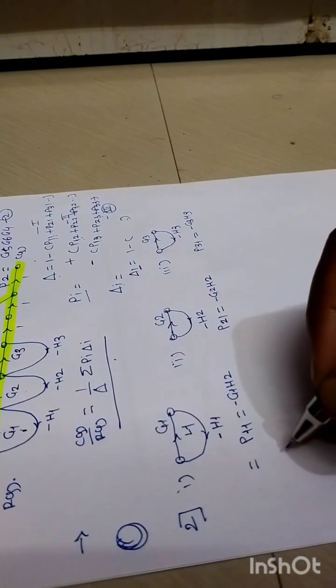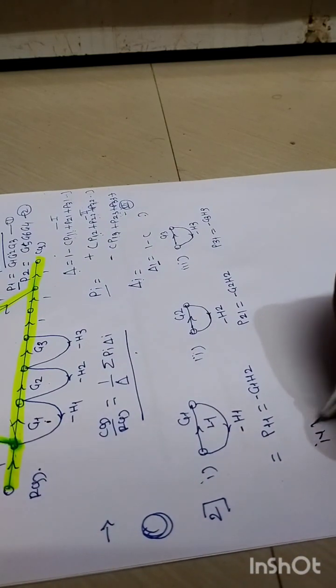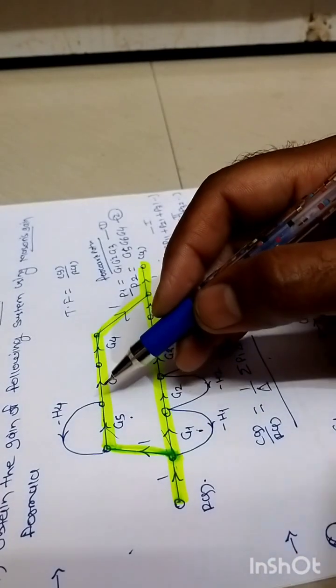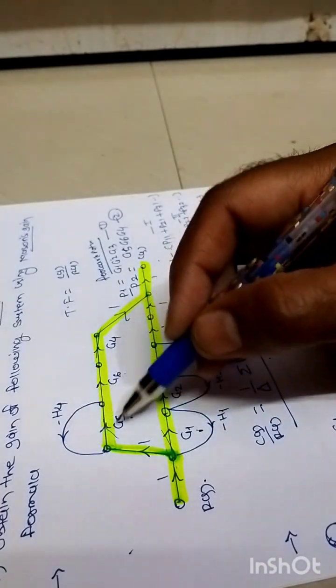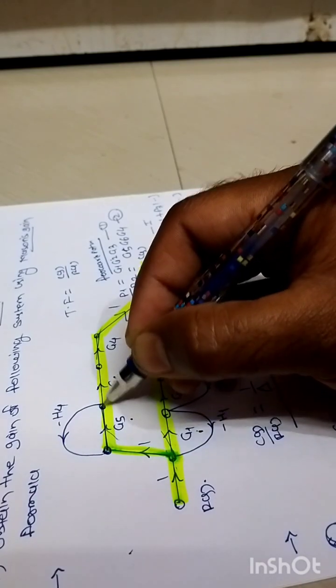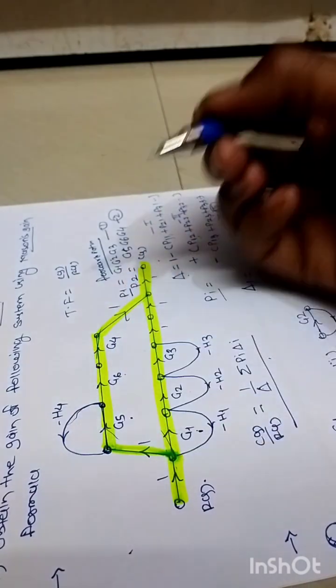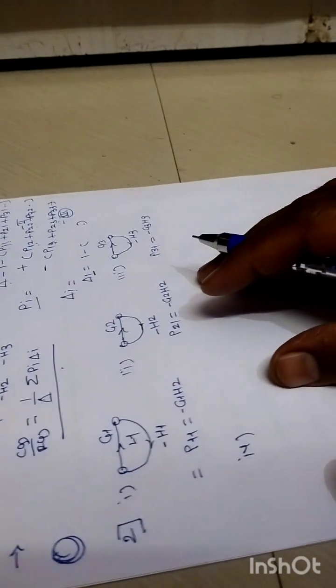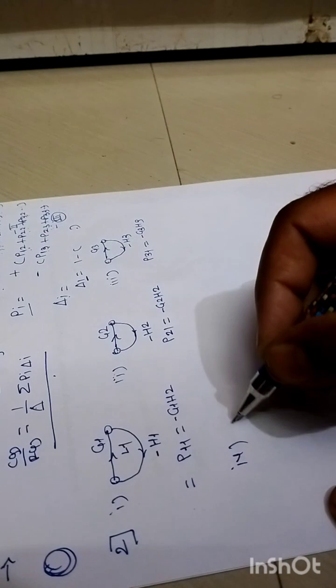And one more loop we have in this signal flow graph representation. When we start at this node we come across this node, and through this feedback again we come back to the node from which we had started our journey. So how will this loop look?